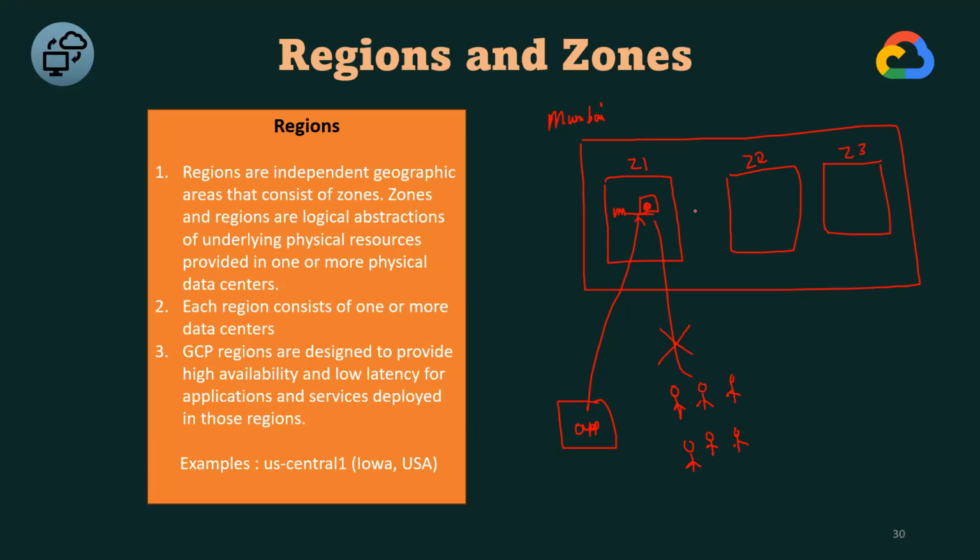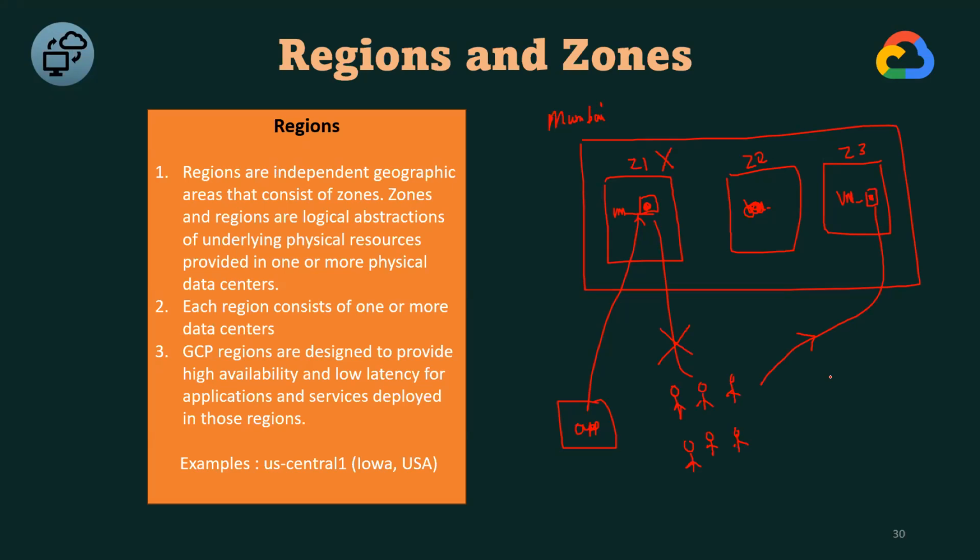So try to deploy your applications in multiple zones if possible, so that even though this zone is not available, your users are able to use your application from another zone. Automatically it will happen.